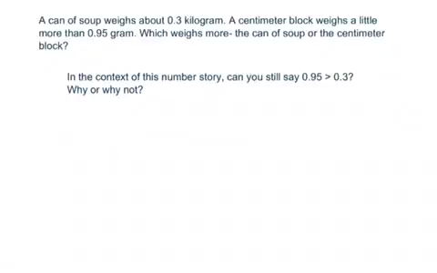In the context of this number story, can you still say 95 hundredths is greater than 3/10ths? Why or why not? I'm just going to give you a little hint right here. Okay, see what you can do. Write down your thoughts in your notebook, and then when you're done with that, come on back.